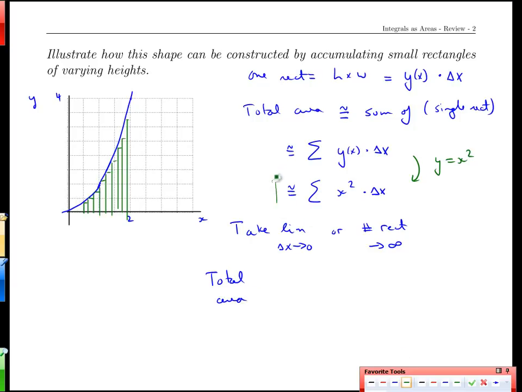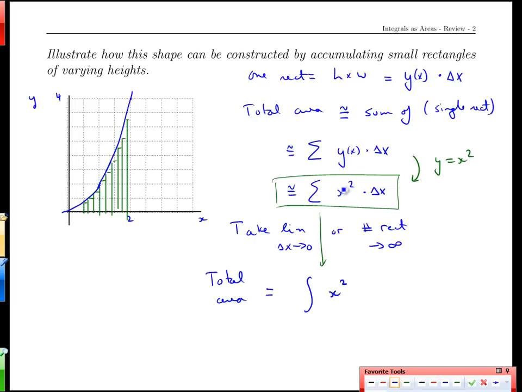Let's be very clear where each of these parts comes from. If we're adding up rectangles of width delta x and height x squared, so each of these rectangles has a different height depending on the x coordinate, then we could get the exact total area as the limit of these delta x's goes to 0 or the sum has more and more terms, and we turned it into an integral instead of a sum.